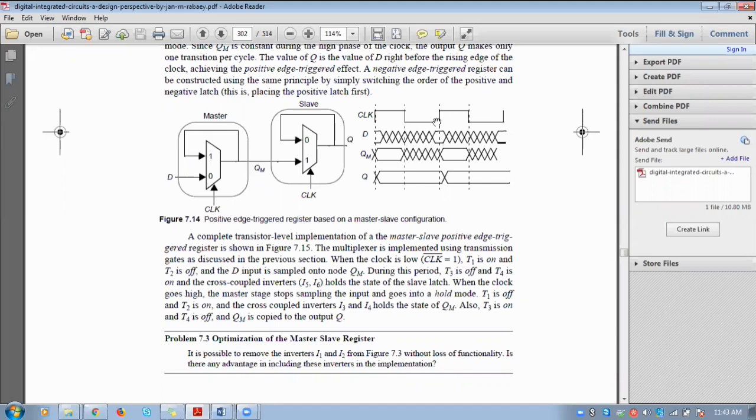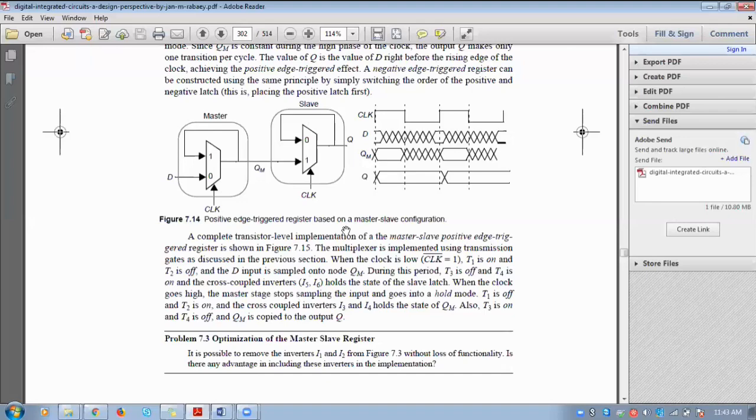So whenever I am getting a logic 1 clock, your slave will be in transparent mode and the master will be in hold mode. So this situation repeats, and as many D values as come, initially your master will sample it, and in the next change of the clock, the D value will go out.